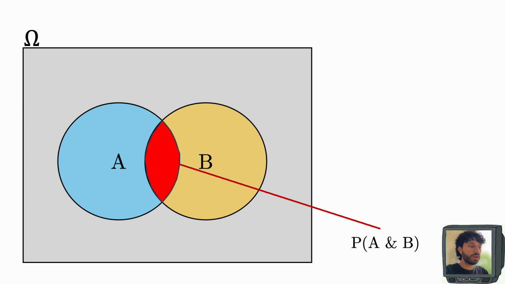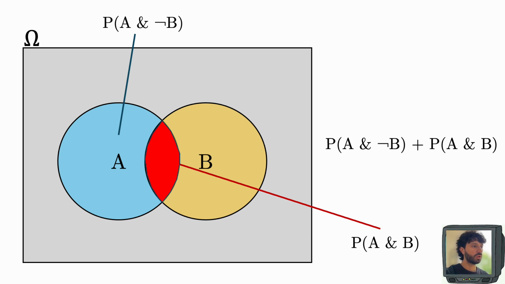Now, where is A and not B? Well, it's this blue part, which looks like a moon that's been bitten off of, or an apple. And so it's this blue part without the shaded red part. And so if we want to know what the probability of A and not B is, well, again, it's this blue area compared to the rest of the rectangle.